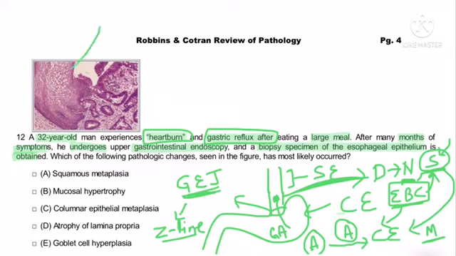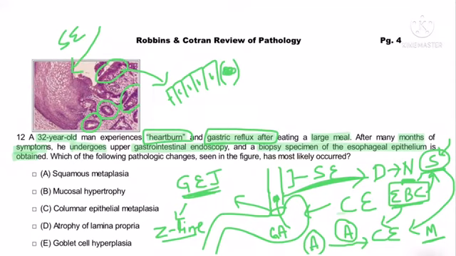You can see here the stratified squamous epithelium, which is the normal epithelium of the esophagus, while here we can see glandular structures, plus the lining of columnar epithelium. This columnar epithelium also has goblet cells releasing mucin.